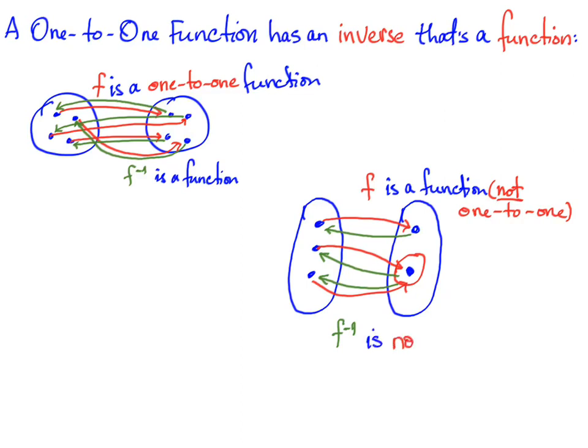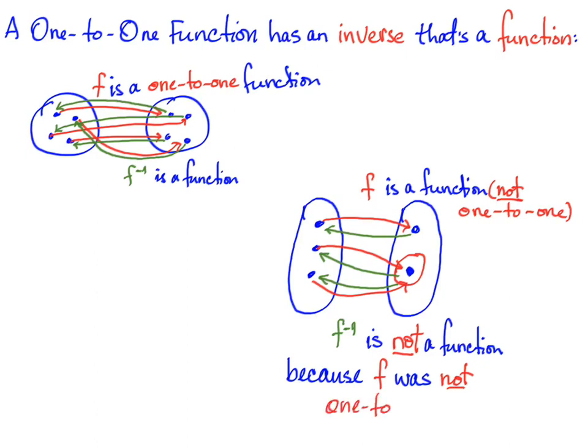That means that f inverse is not a function. And the reason it's not a function is because f was not one-to-one. If f was not one-to-one, then when you reverse the arrows, you're not even going to have a function.